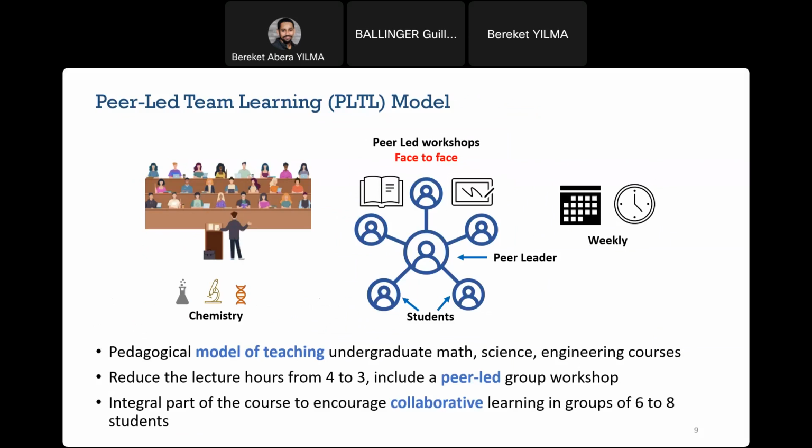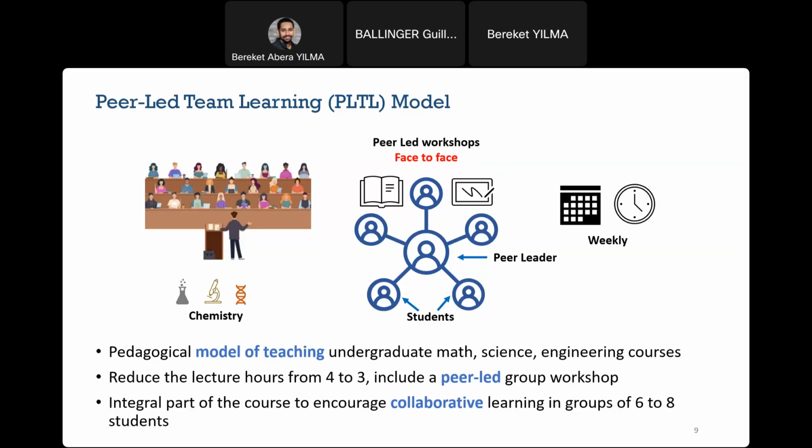What that means is that if I'm registered for a chemistry class, I will attend the lecture class, and then during the week, I'll attend one session within a group of peers. It could be 5 to 6 students. One peer leader will lead that group learning, and it's a very effective method of studying tough classes such as organic chemistry or introduction to derivatives in math.